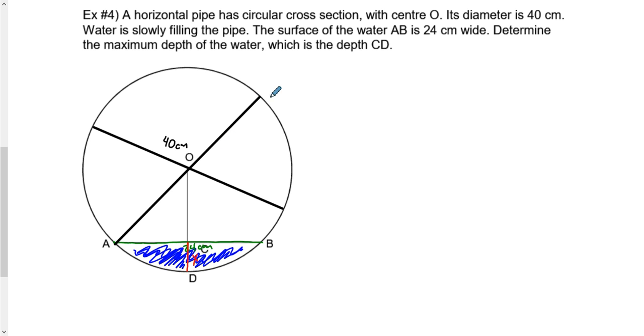So there's 40, there's 40, which also means if we're going through the center of the circle, we have the radius, which is 20 centimeters. Now at the same time, this entire side here is also 20 centimeters.